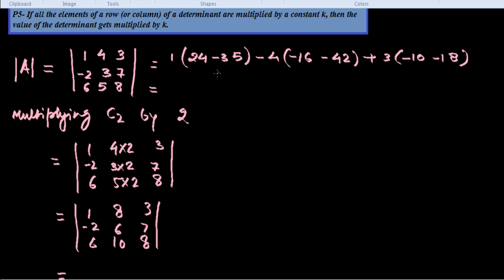It is minus 11, 24 minus 35. It is minus 4 into minus 58, plus 3 into minus 28. So we get here minus 11 plus 232.